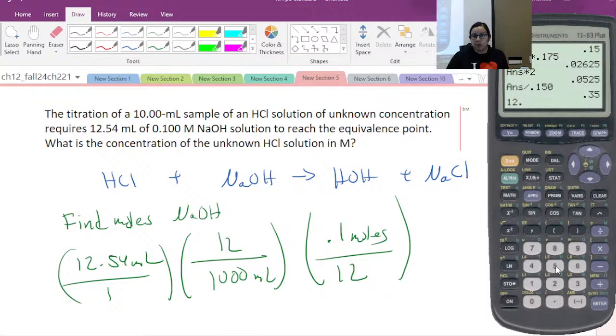So 12.54 milliliters converted to liters, times 0.1. Then do we get 0.001254 moles of NaOH?